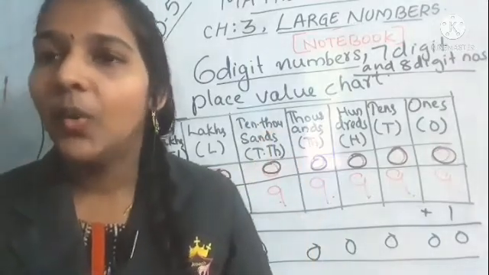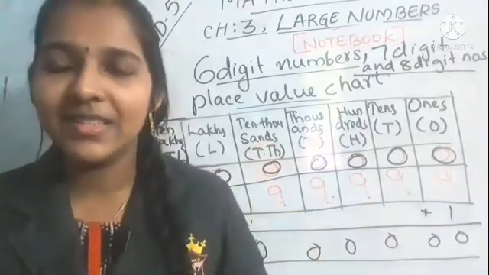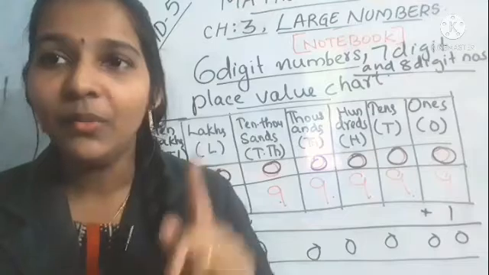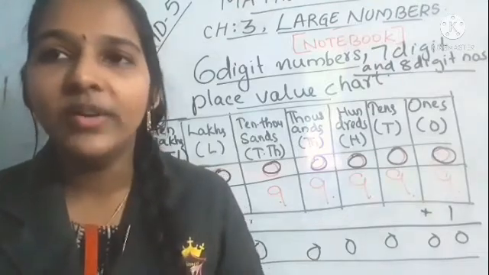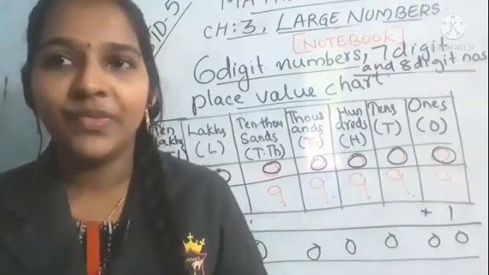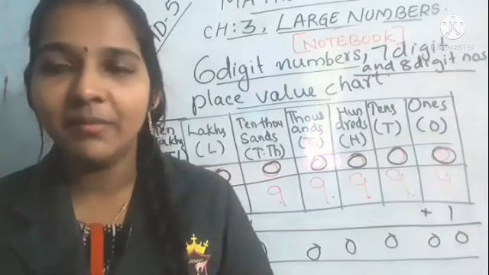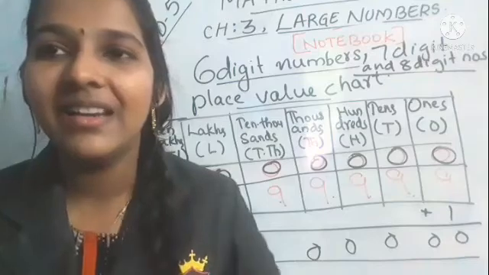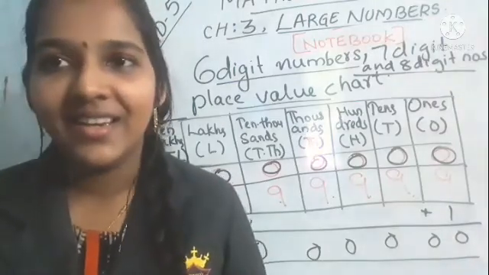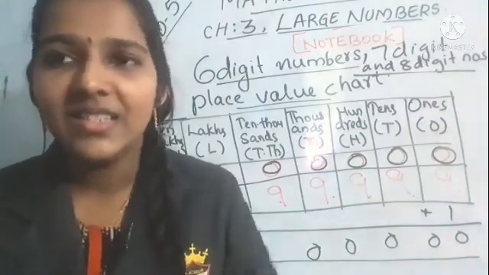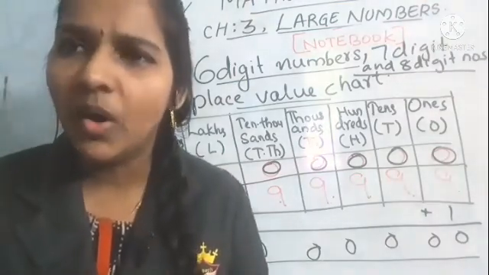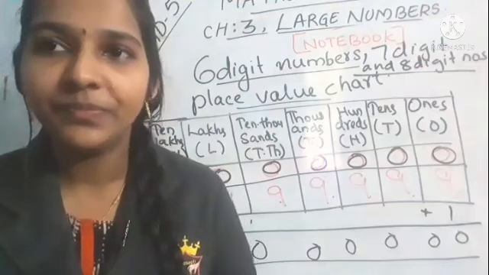After that, we learned about 6-digit numbers. Which is the smallest 6-digit number? That is 1 lakh. And the largest 6-digit number is 9,99,999. Now, which is the smallest 7-digit number?